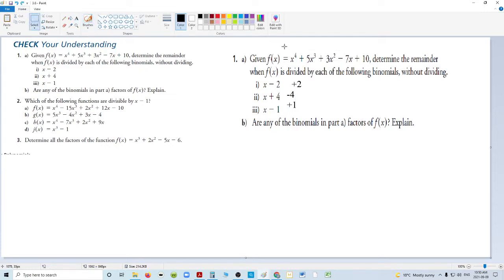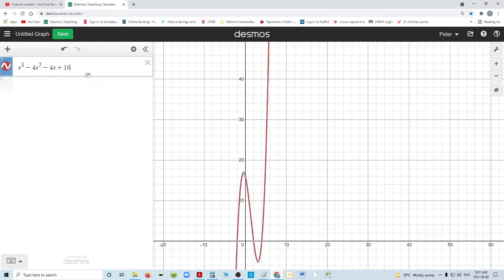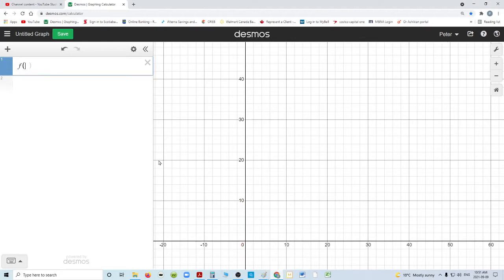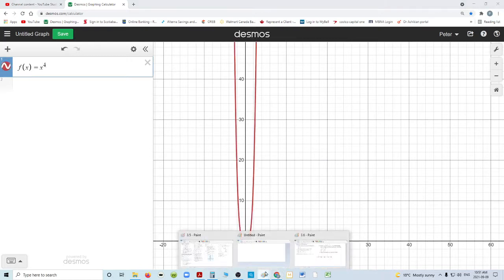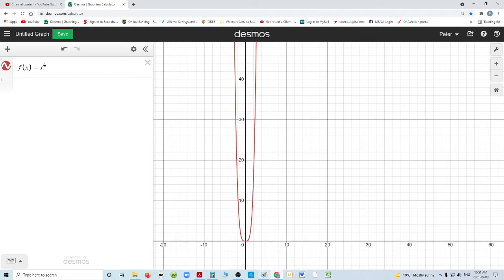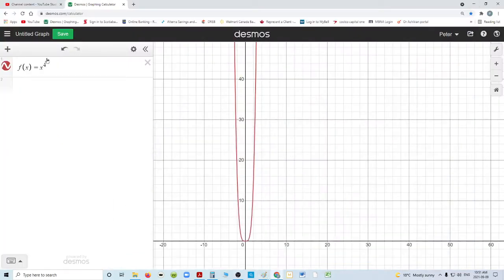Okay. Now, personally, I could do that, but I'm just going to have Desmos do it instead. x to the 4 plus 5x cubed plus 3x squared minus 7x.